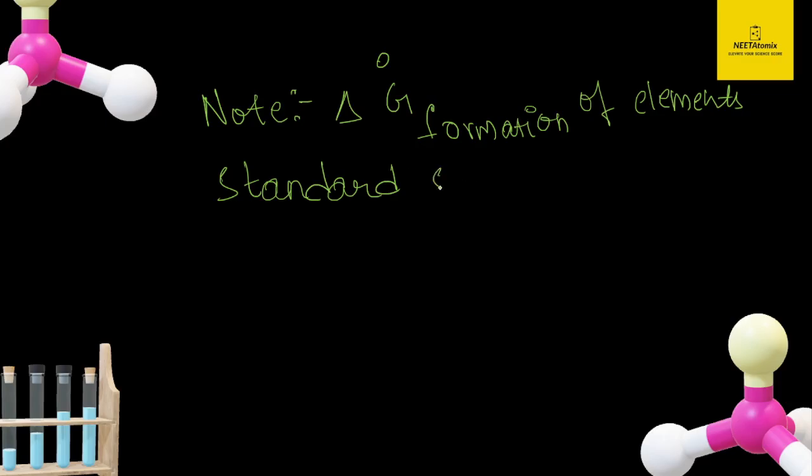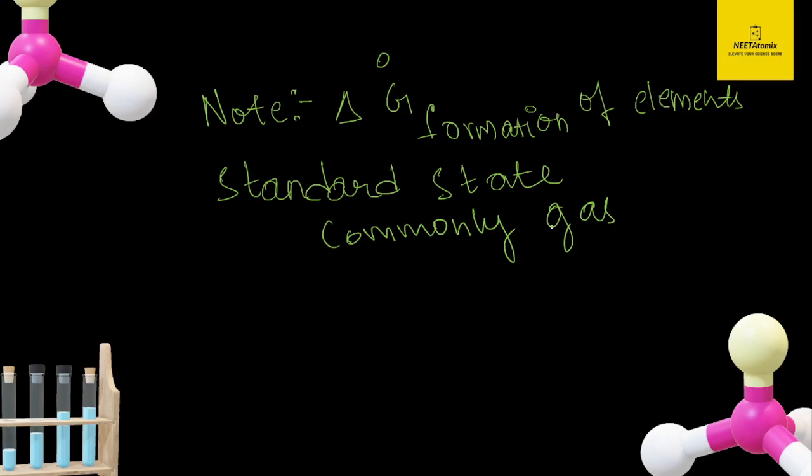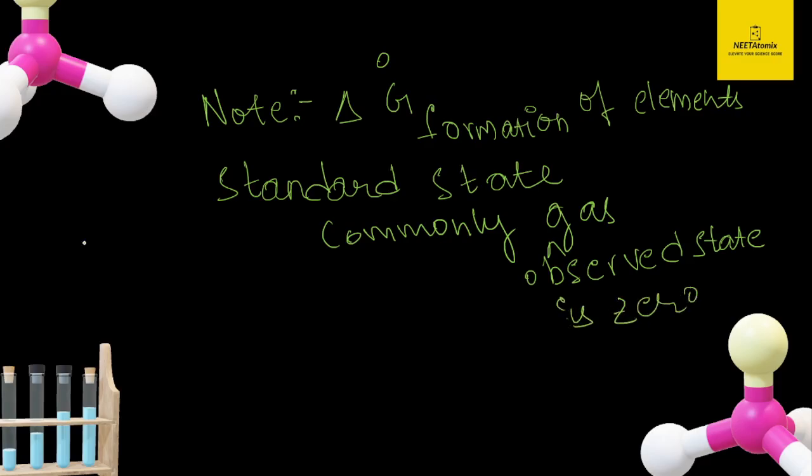Standard state means commonly observed state. For example, O2 is a gas in its commonly observed state, so delta G formation of O2 is equal to 0.